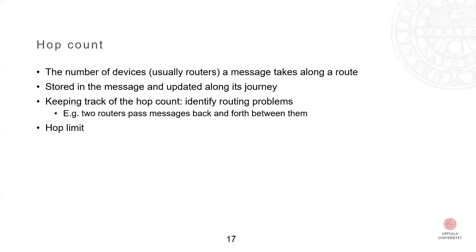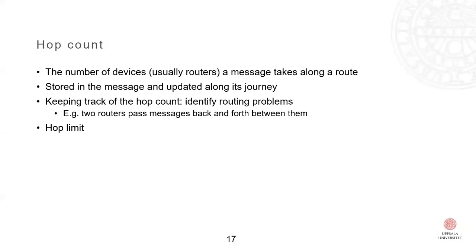So in this way that we are sending the messages from location to location until it reaches its destination, we will have a number of devices on the way, which are usually routers in case of networking, that take our message and pass it through its route.